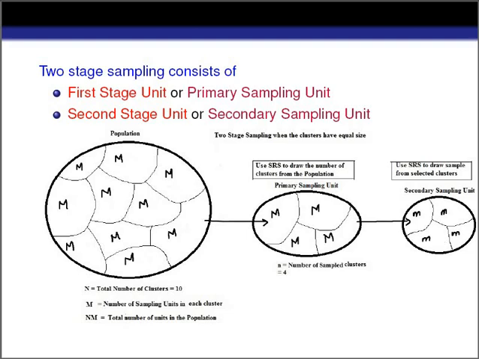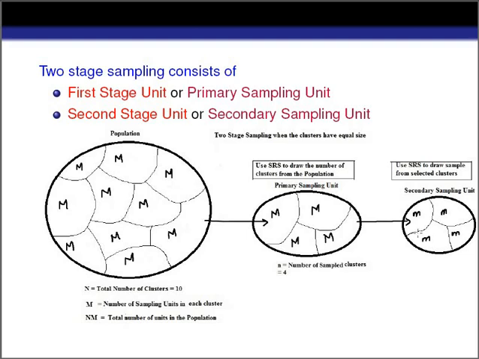Here also, from each of the selected clusters we take a sample by using simple random sampling. That's why we can say that in two-stage sampling, we partially use both the technique of one-stage sampling as well as stratified random sampling. I think it's now clear to you.